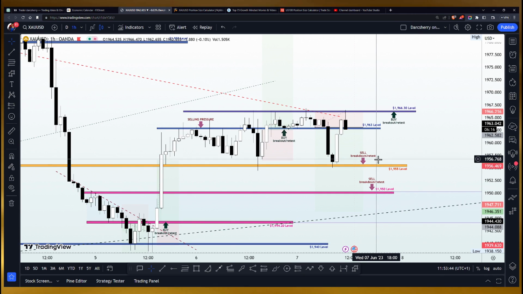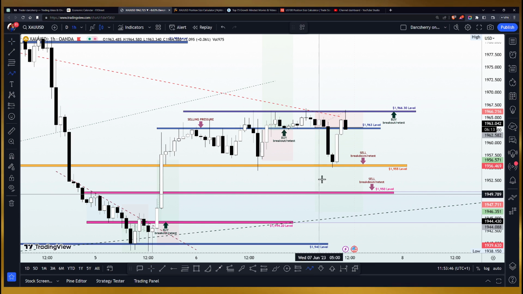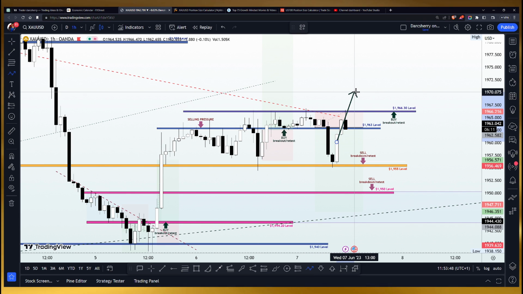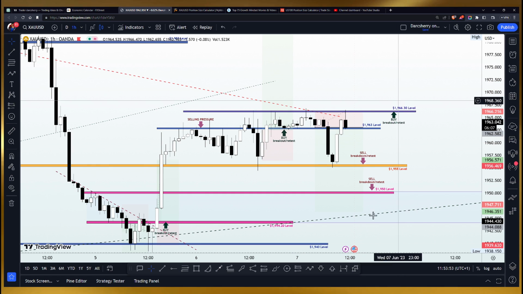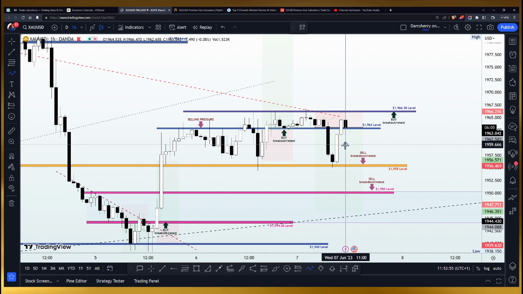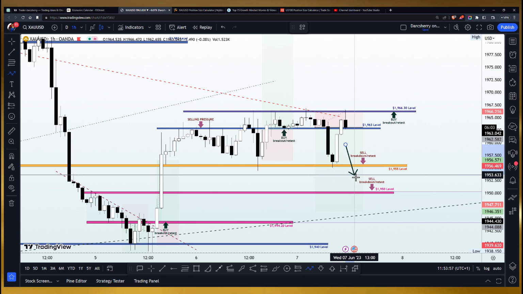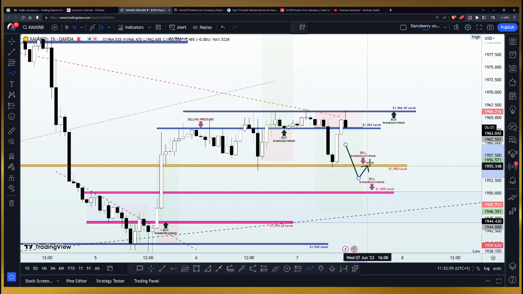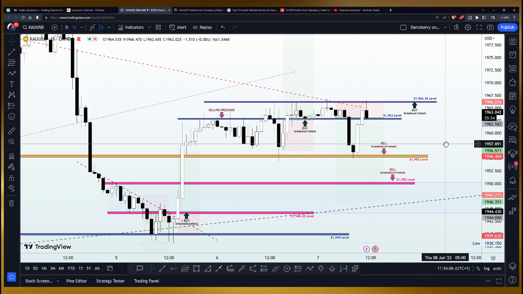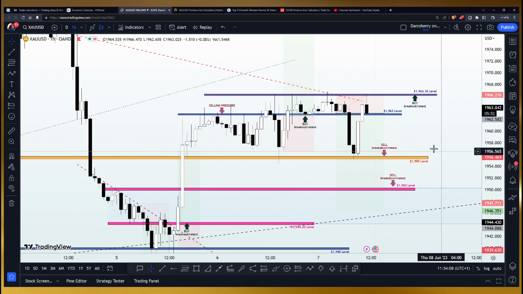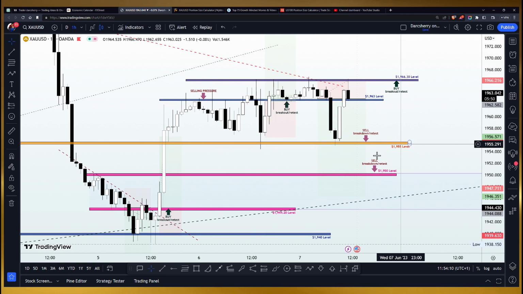With this kind of situation, we would rather wait for either a breakout of the resistance line to give us an opportunity to buy the XAUUSD, or the breakdown of the support line, which also lines up with our key level at the 1,955, to join a selling opportunity in this market. So at this point, we just want to remain patient and wait for structures to mature before joining any potential move.